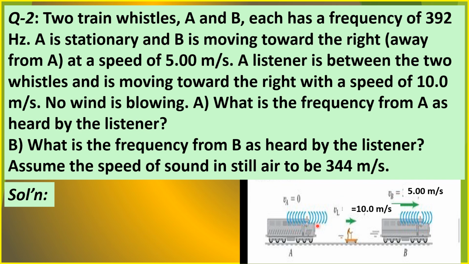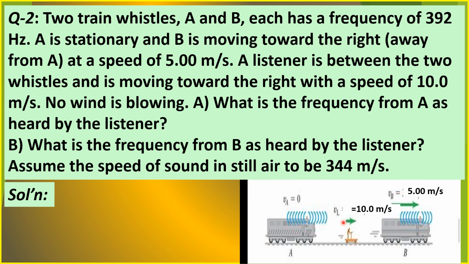All right, so in our illustration, this is whistle A, which is stationary, and that is whistle B, which is moving at 5.00 meters per second to the right, meaning away from the first whistle. And there's a listener between these two whistles.